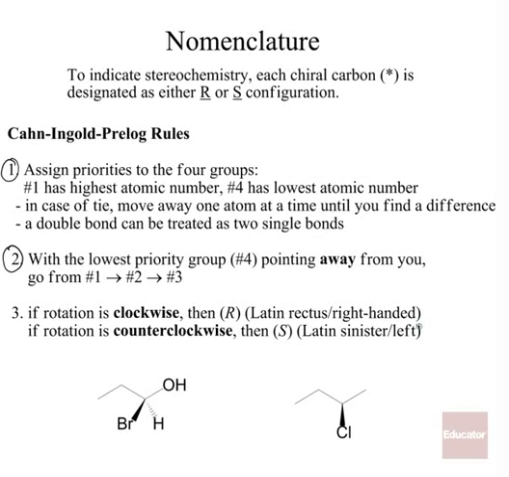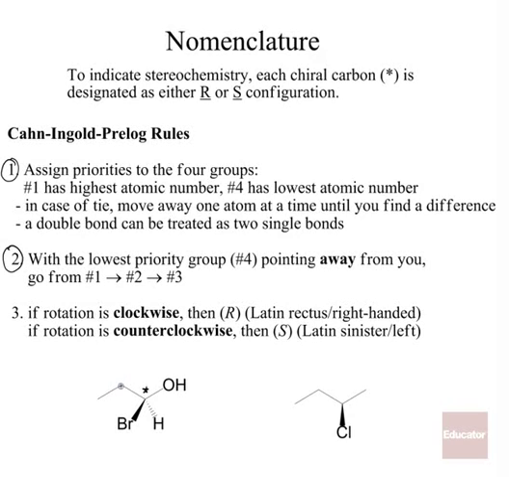Let's take a look at our first example. Do we have any chiral carbons or asymmetric carbons on this first molecule? Well, sure. Right here, this carbon has 4 different groups on there, so we would describe that as a chirality center, and that means that we could name this as either having the R configuration or the S configuration. So our first goal is to rank our groups.